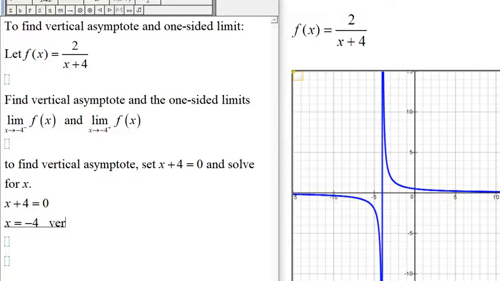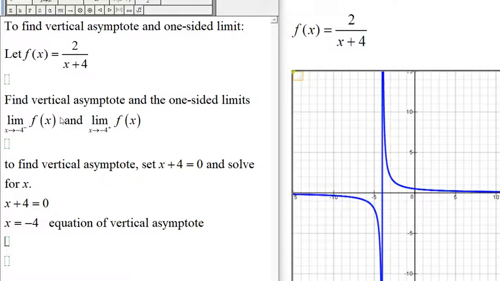That's the equation of the vertical asymptote. So this vertical line, the line x equal to negative 4, is called the vertical asymptote of f of x.